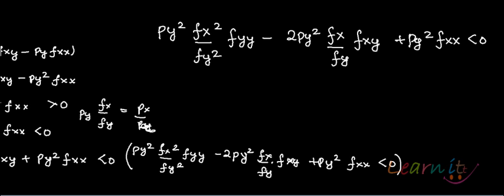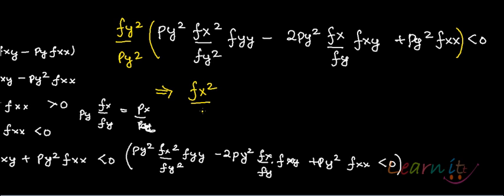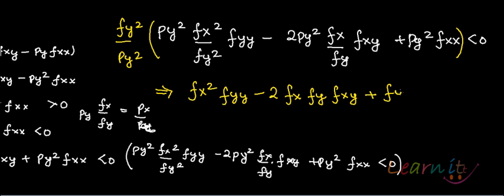Now multiplying both the sides by fy square into py square, what you will have eventually is fx square fyy minus 2 fx fy fxy plus fy square fxx less than 0. This is what you will have.